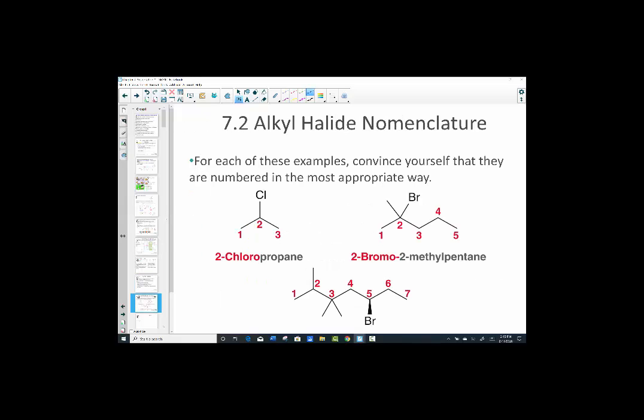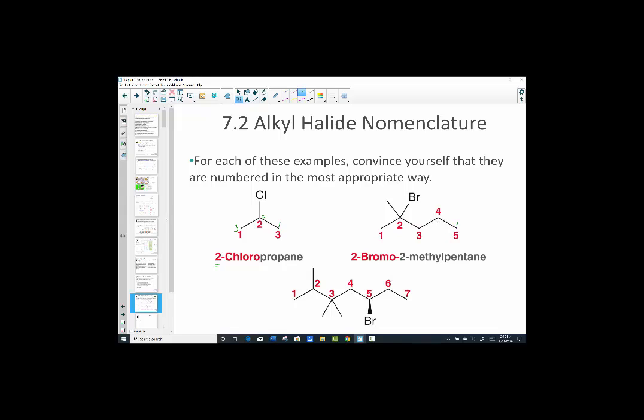Remind yourself that it does matter which direction you number the carbon chain, making sure that the substituents get the lowest possible number. In this case, it absolutely did not matter if I numbered left to right or right to left. I still come out with 2-chloropropane.